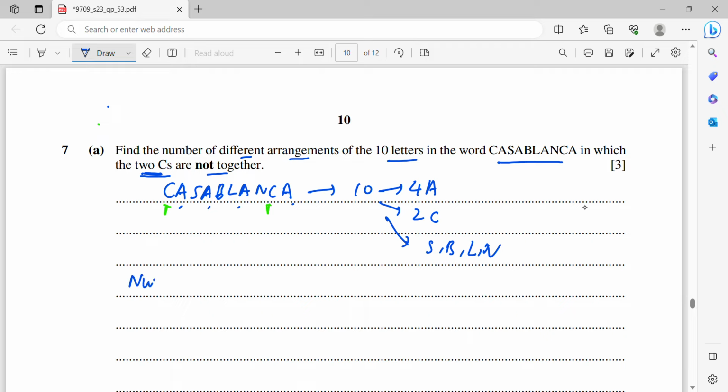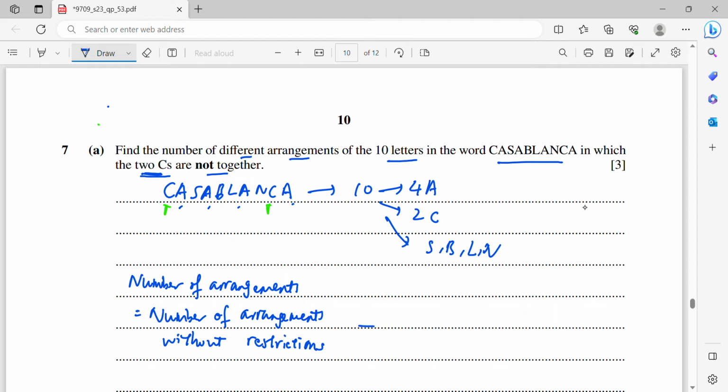So I will write: number of arrangements equals number of arrangements without restriction, minus number of arrangements when the 2 C's are together.